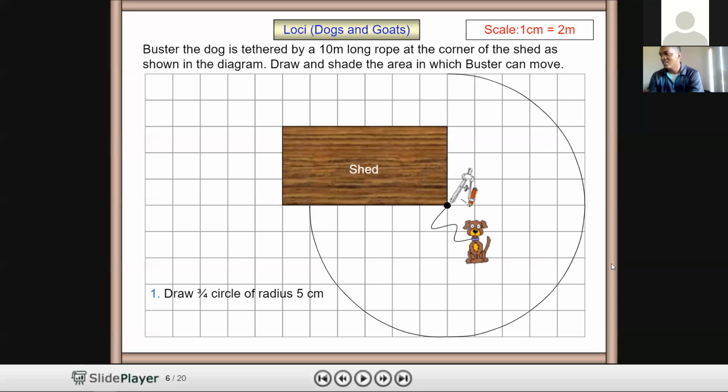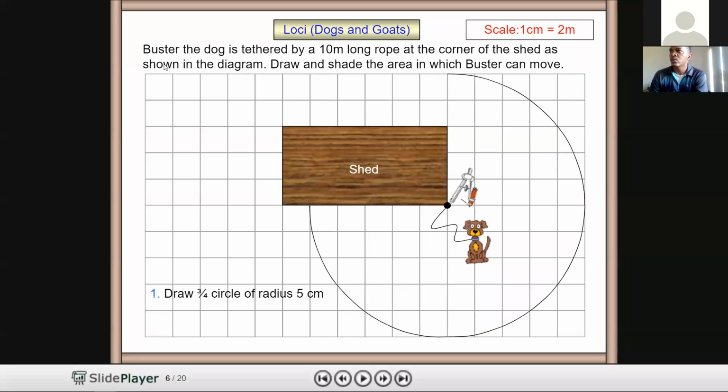So we want you to measure how long this rope should be that is tied to the dog so that the dog does not bite people in the street or in the neighbors' houses. Only if people come into your house, the dog will bite you. I just try to give you the real life scenario so that you see where we use this in real life.